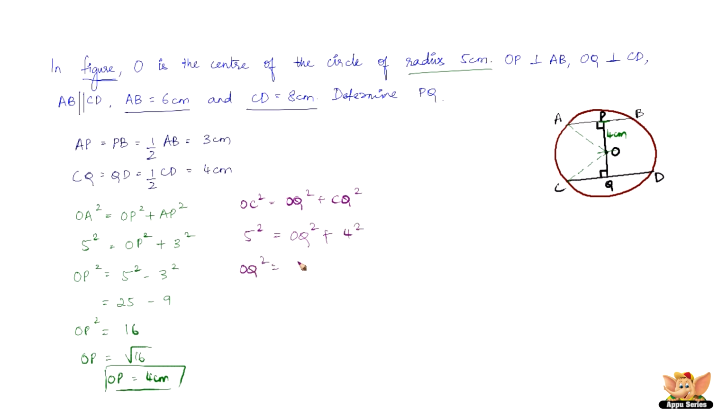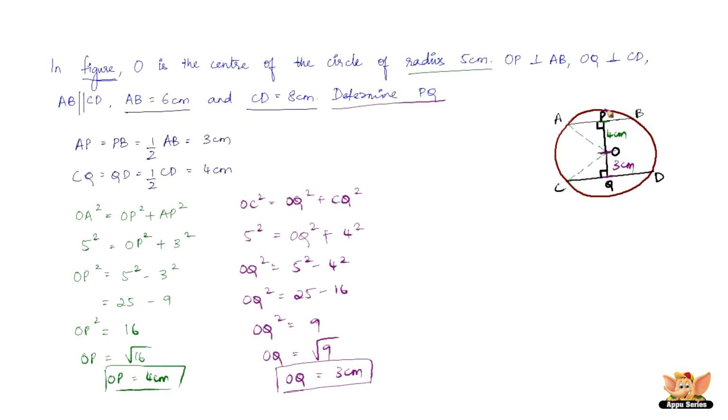So OQ square equals 5 square minus 4 square, or OQ square equals 25 minus 16, or OQ square equals 9. So OQ is equal to square root of 9, OQ equals 3 centimeters. We have found OQ to be equal to 3 centimeters.